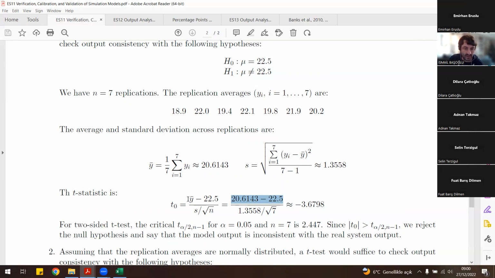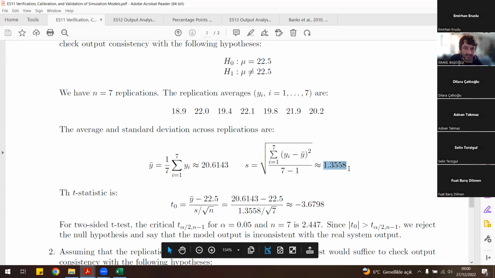So we need to standardize this difference to convert it into a statistic by dividing it by the standard error, my friends. Okay, what is standard error? The standard error is the sample standard deviation divided by the square root of the sample size. So the sample standard deviation is 1.36 divided by the square root of the sample size, which is 7.